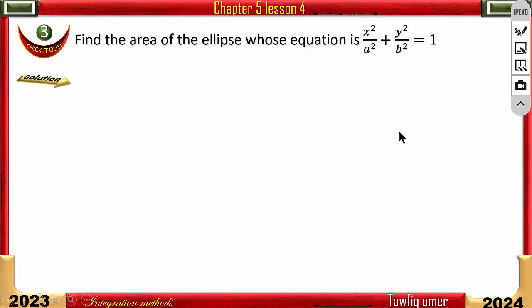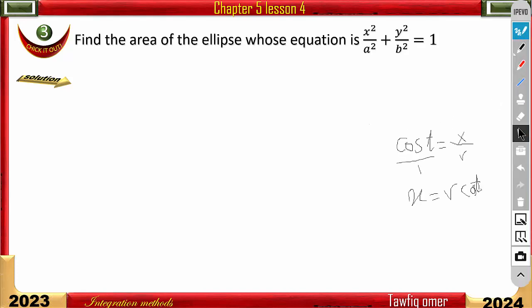As we know, the area of the ellipse is equal to a times b times pi, that means ab pi. We are going to prove this one.